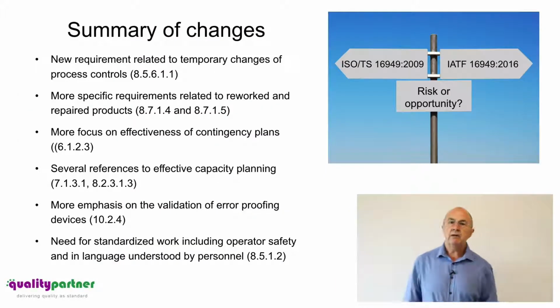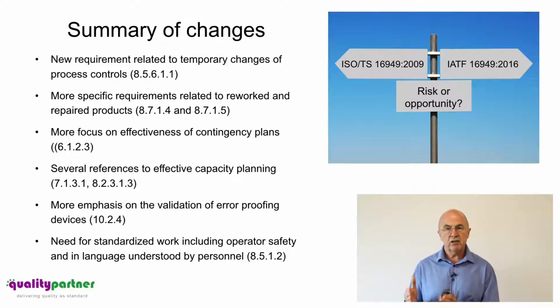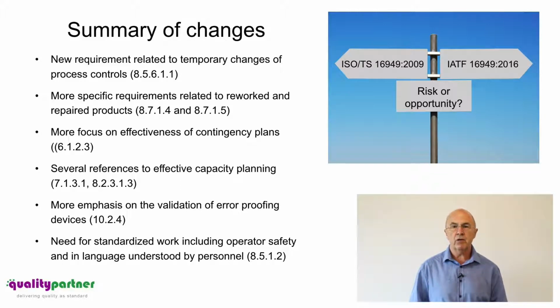So let me try and summarise some of those changes. One of the big changes, I think, is the new requirement related to how we manage temporary changes of process control. I gave a few examples earlier, but we need to think about how we manage any changes that we're making to the existing controls that are defined within the control plan.